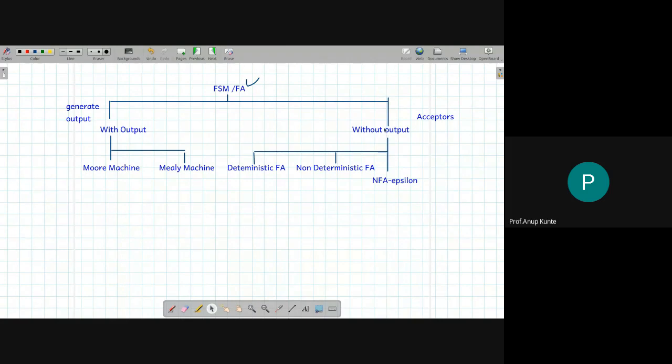Generally, whenever a question is asked to define finite automata, people intend you to consider it to be finite automata without output. And whenever people use the word finite state machine, they generally refer to this category of device. But the two are the same components.